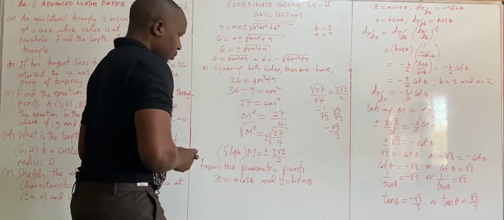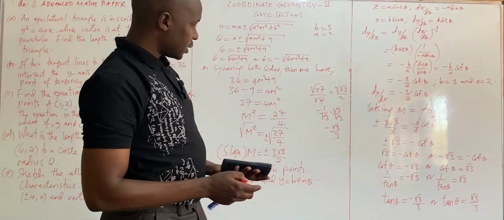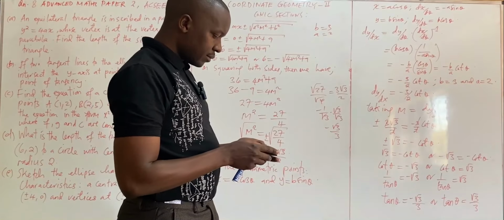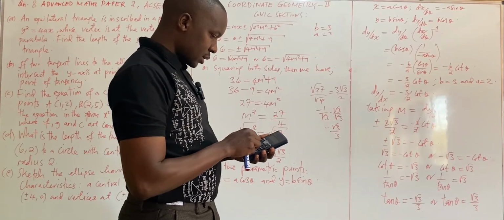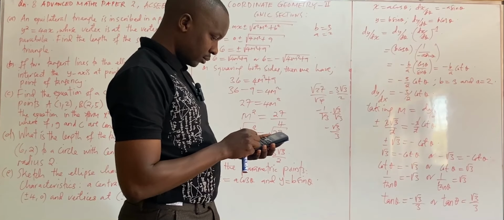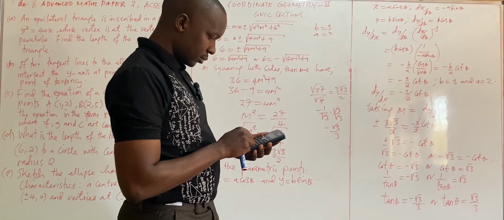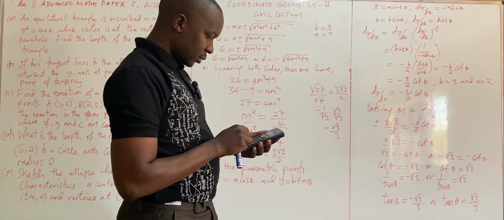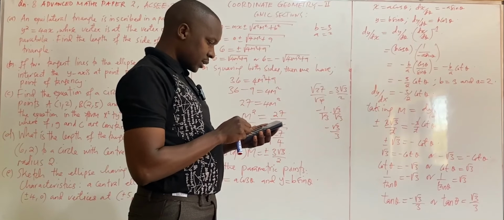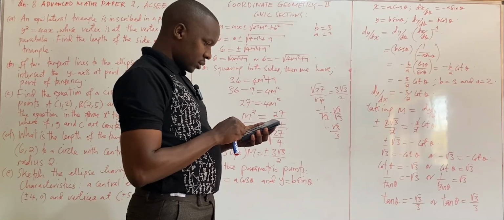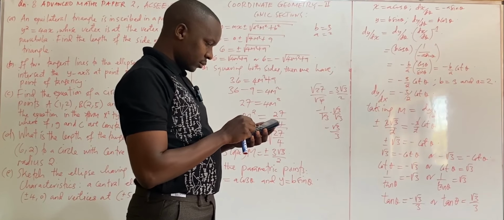And now we can use our scientific calculator to find the angles, tan inverse for those values. All right, shift, tan inverse, brackets, negative radical 3, then bracket.